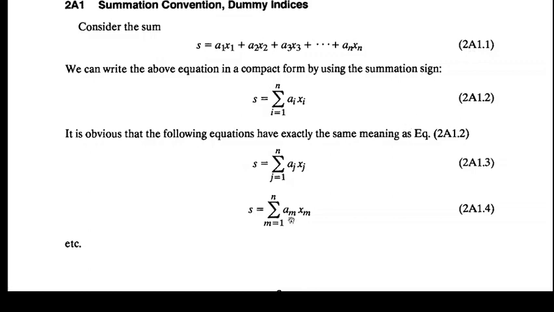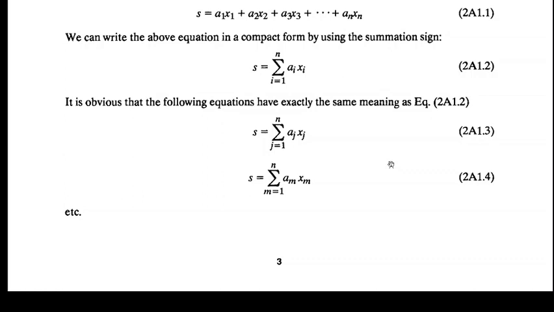Similarly, if you open the summation on m, you will have the same right hand side. So it means that if you change this index i with any other index, or j with any other index, or m with any other index, the result will not change; it will remain the same.